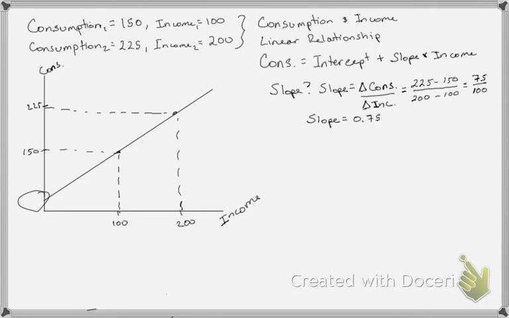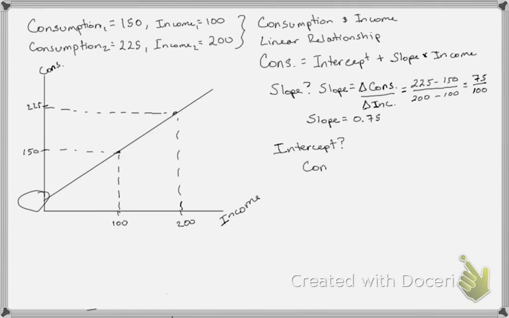Okay, so with the slope, we can quickly find the intercept. The way to find the intercept is we can plug either one of these points that we've had initially, consumption 1 and income 1 or consumption 2 and income 2, into our linear function, and add that slope of 0.75. So what do I mean by that?